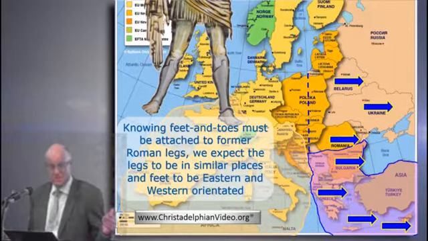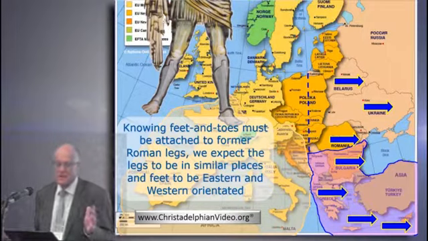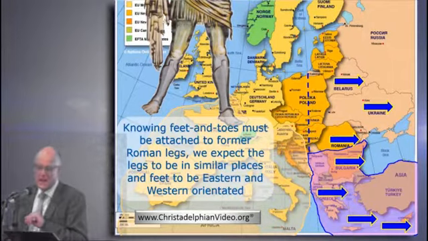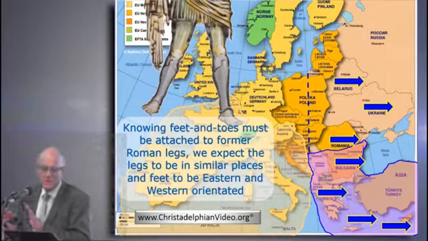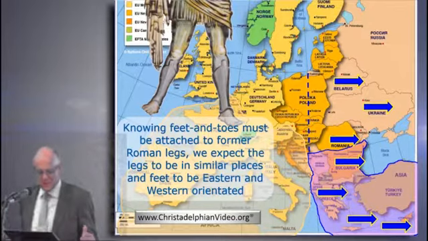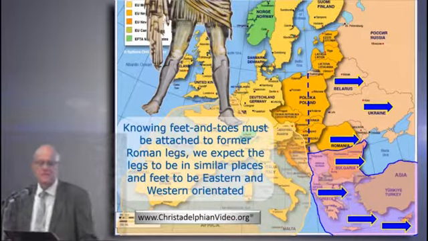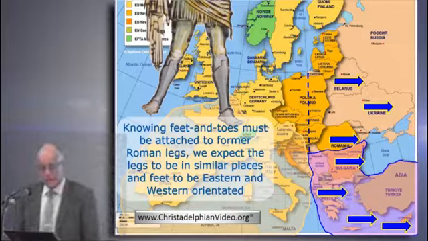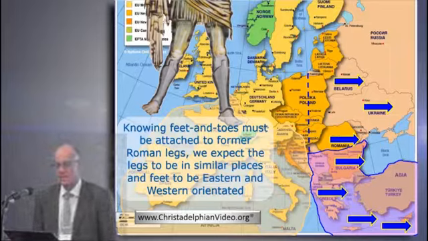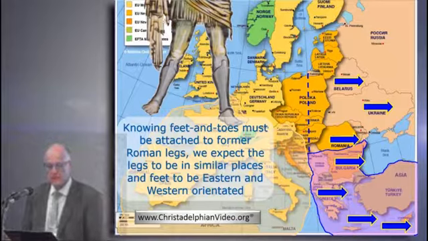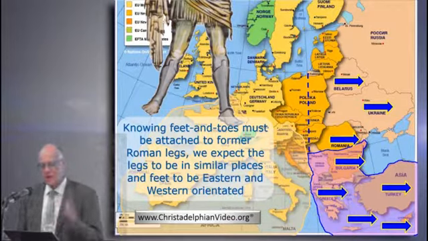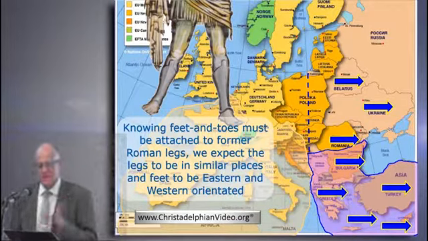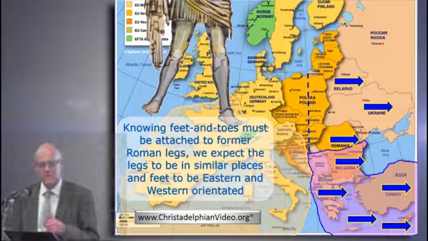Not that it matters terribly much, because these two legs are going to cooperate together, but it is so fascinating to be able to look out and see the angels working behind the scenes to ensure that there are two legs with their two feet attached in these two centres of Rome and Constantinople. Turkey, too, is very much now being brought into the orbit of Russia. So we see, going on the past few years, this long movement of nations.